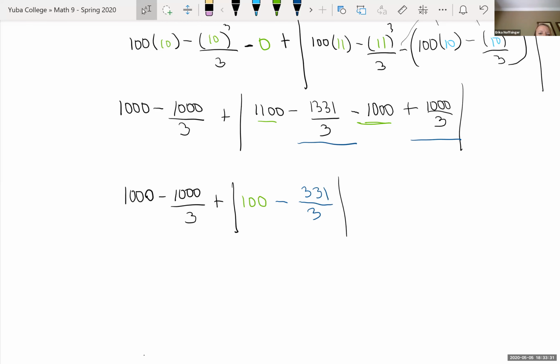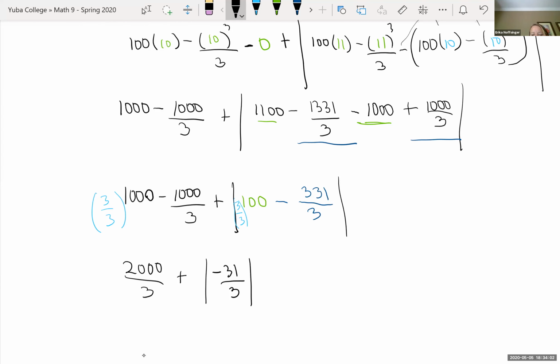So this is 3,000 over 3 minus 1,000 over 3. This is 2,000 over 3 outside of the absolute value, plus, so this would be 300 over 3 minus 331 over 3, which is negative 31 over 3.